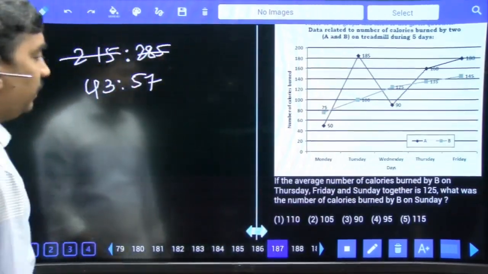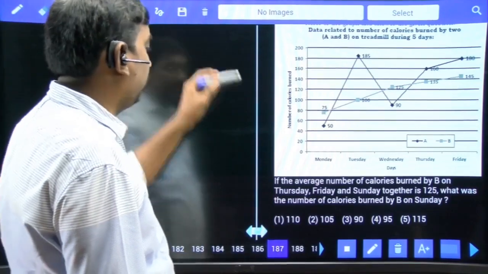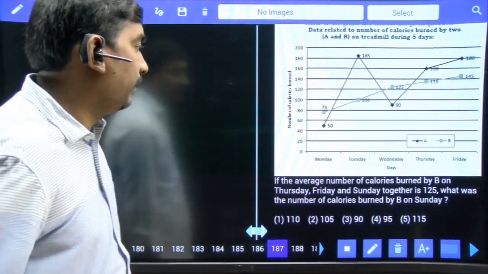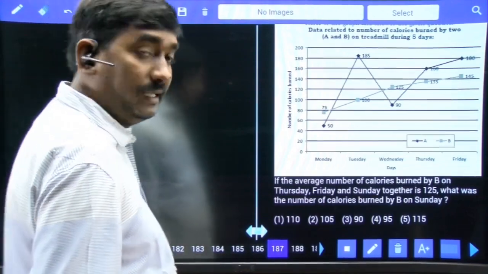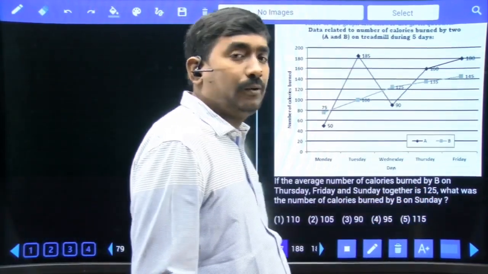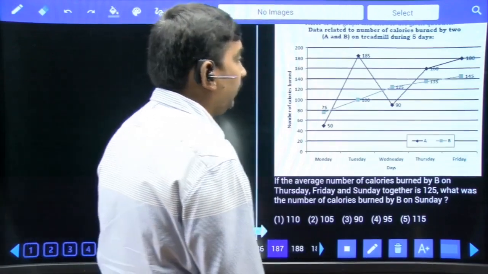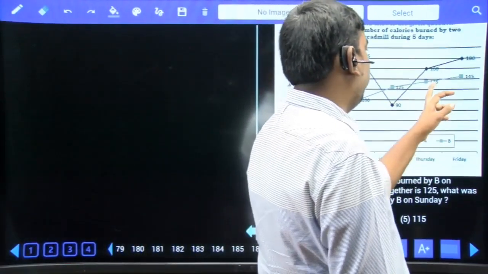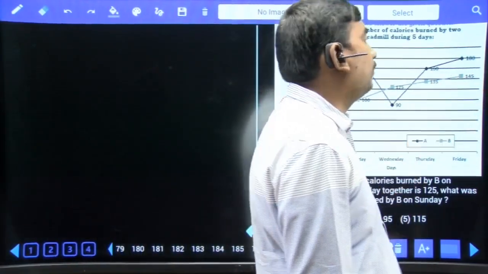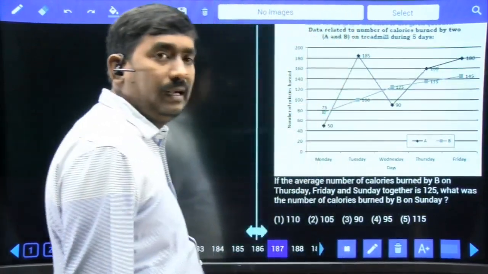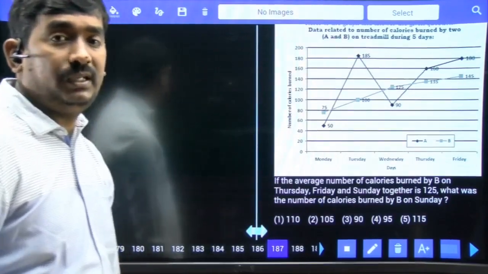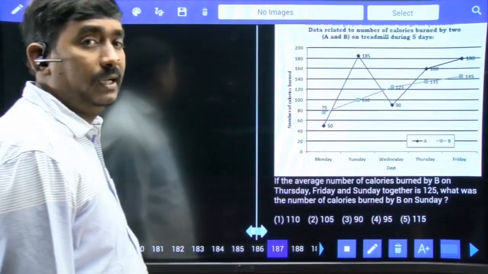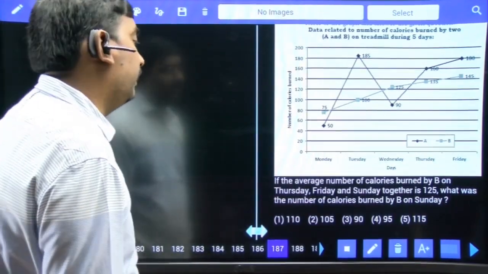If the average number of calories burned by B on Thursday, Friday, Sunday together is 125, what was the number of calories burned by B on Sunday? 3 days average 125, total 375. Out of 375, B already 135 plus 145, 280 I am having. So remaining is 95. That is on Sunday.